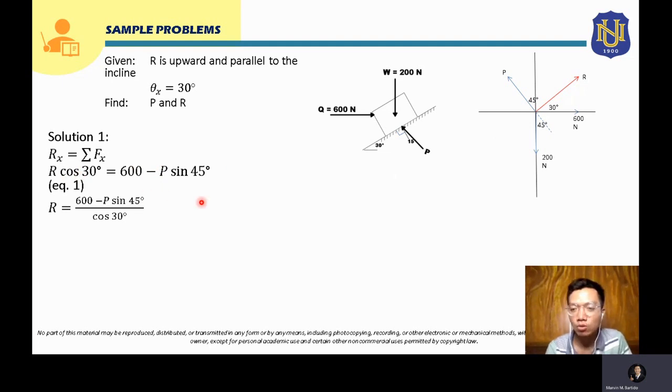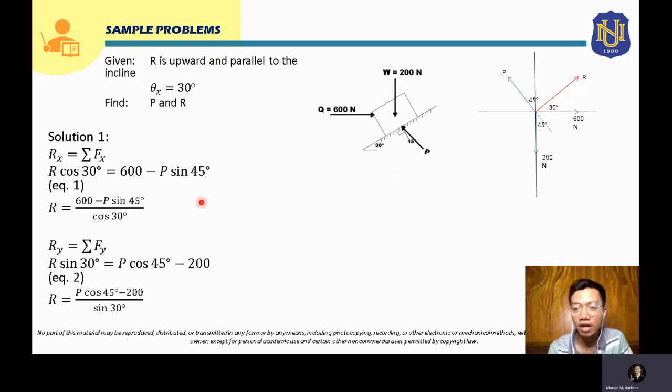Now to generate another equation, we can use Ry. For Ry, that will be the summation of all the vertical components of all the forces. So your Ry will be the vertical component of your resultant, which is r sine 30 degrees.